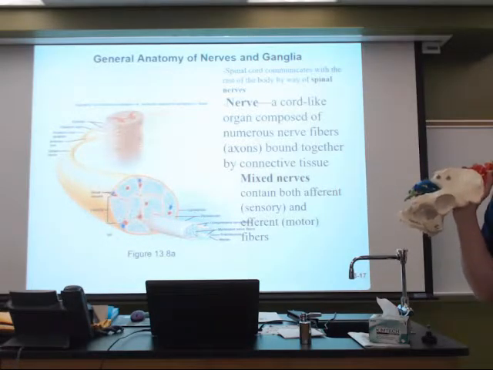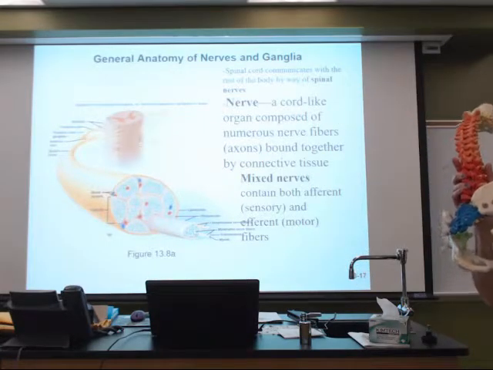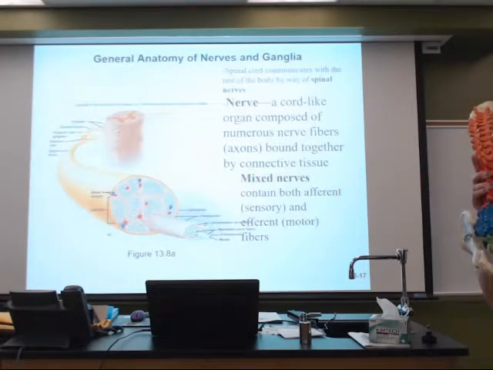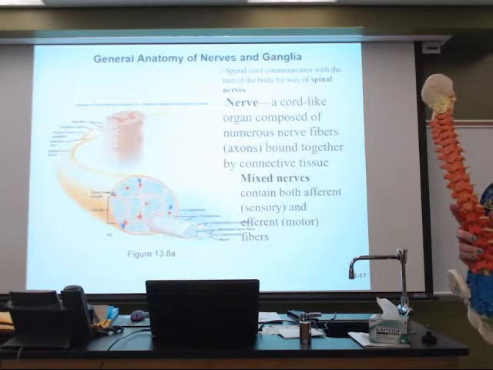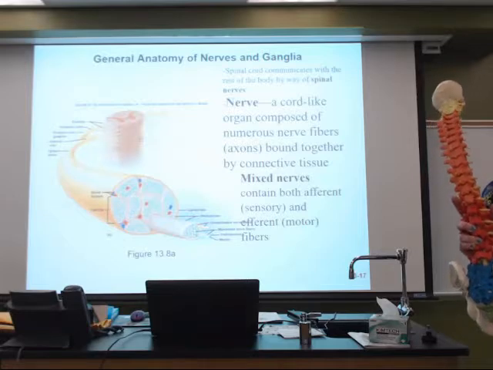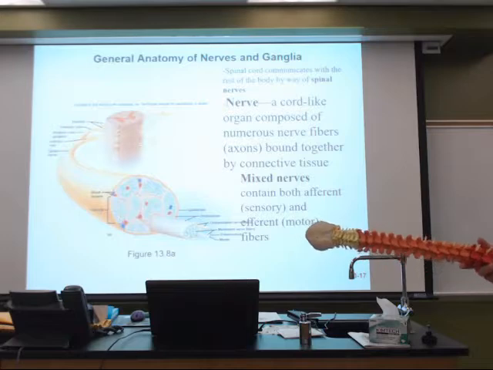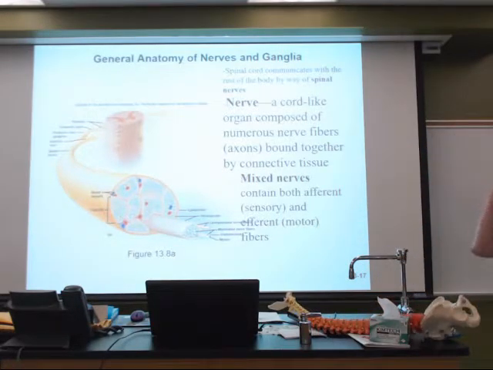So that tells me I have both afferent and efferent fibers. In other words, information travels both directions. It travels in and it travels out. So our peripheral nervous system, those spinal nerves, are mixed. That's their term for them.